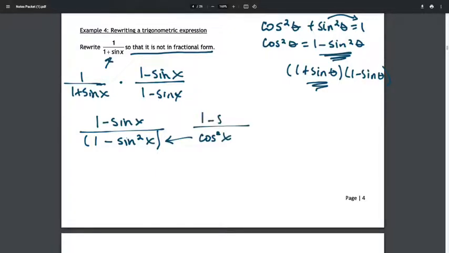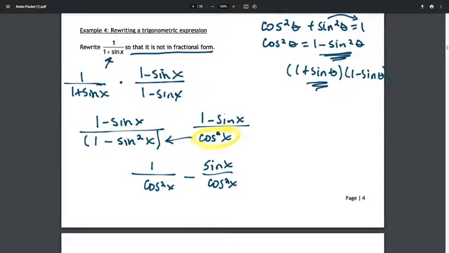So I've got 1 minus sine x over cosine squared x. And now that I have one term in the denominator, I can split that fraction up. So I can say 1 over cosine squared x minus sine x over cosine squared x.